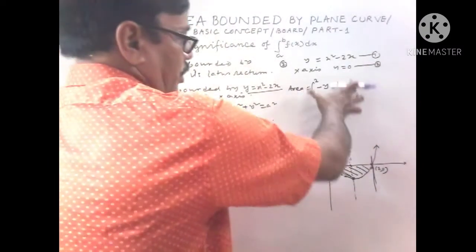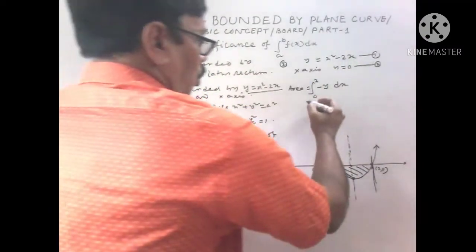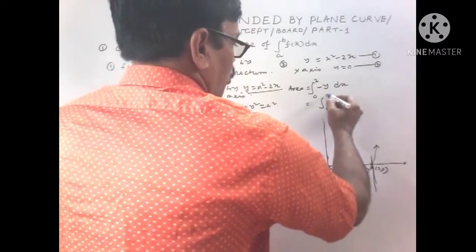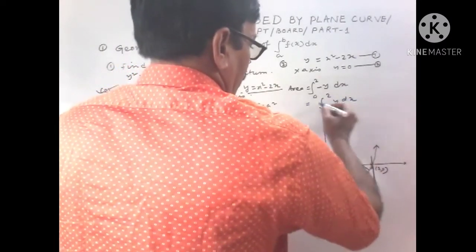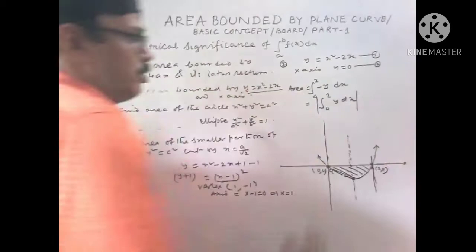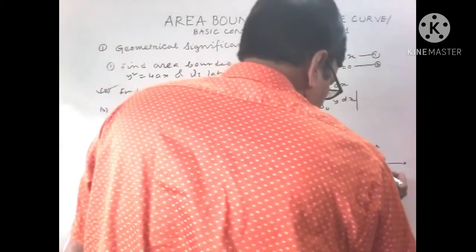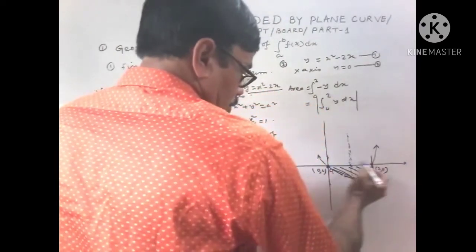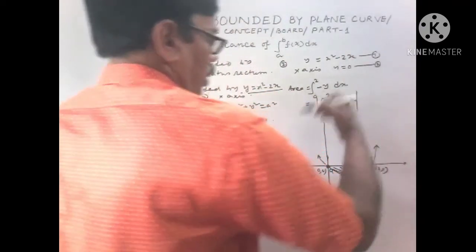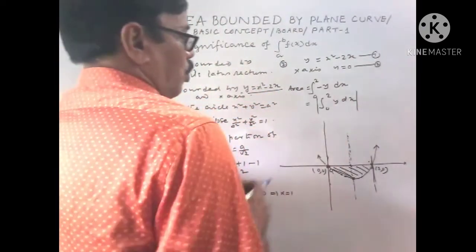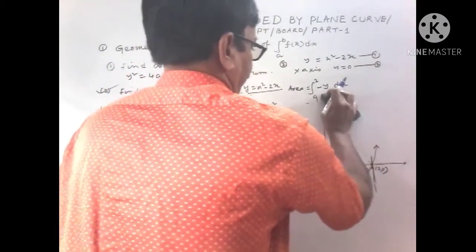Or we integrate, then take the modulus. Or you can write 0 to 2 y dx, modulus of this, as you please. So it is a real picture, so you are sure that it is below the x axis. So minus y dx we get.